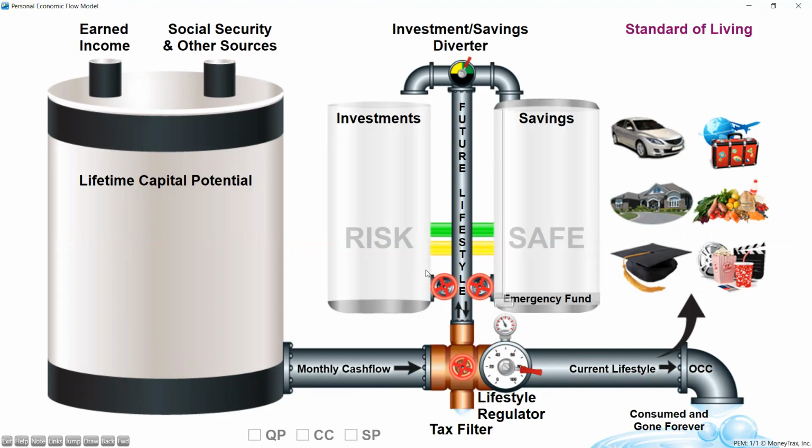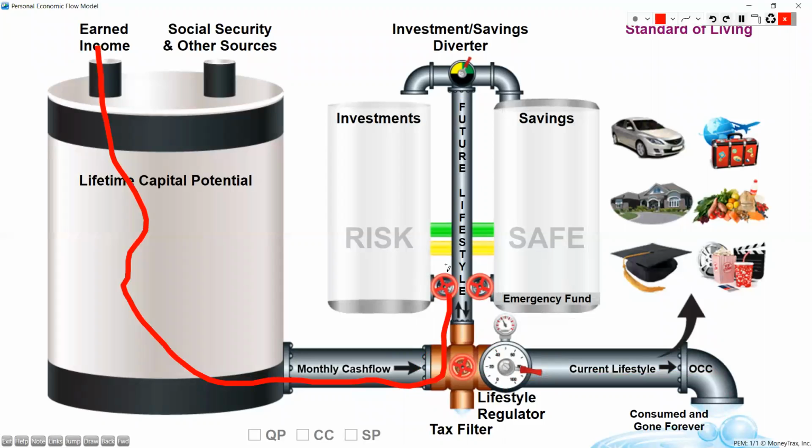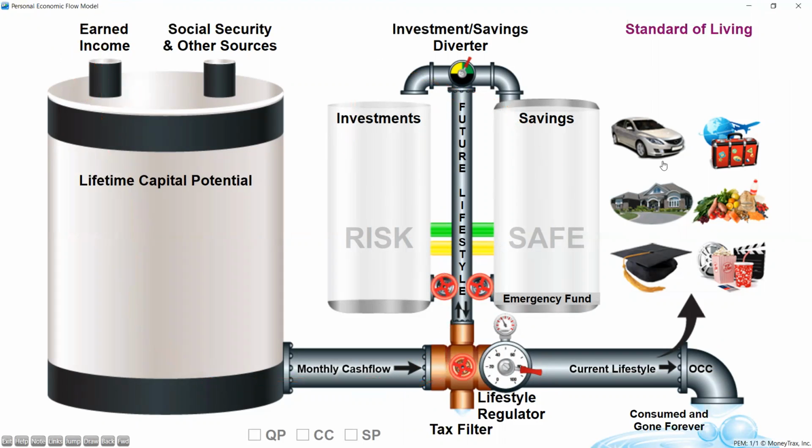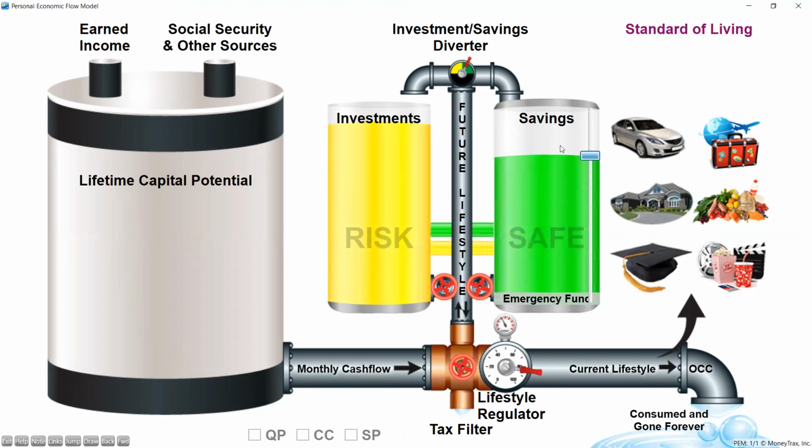So, in order to have a proper life when we retire, we got to have some money come through our earned income, through our monthly cash flow, up into the savings and investment tanks. So when we stop working, when this tank gets cut off and no more money comes through there, we can pull from these two tanks and live the lifestyle we desire in the future as we live today.